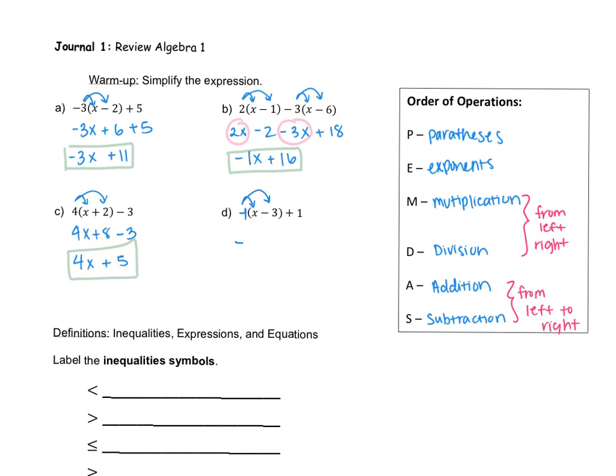Actually, let's just go ahead and write that as a -x. It's a little bit cleaner. -1 times -3 is +3. And then we're just going to drop down this one that's sitting on the side. Since that's not in the parentheses, we'll just go ahead and bring that down. And then we're going to combine these two terms, and that would give me a +4, -x. And that is my final answer.